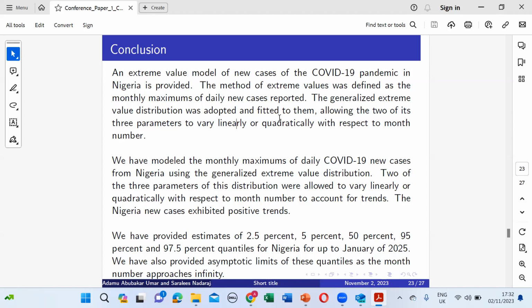Please, I have something to add to your point. Though we look at COVID-19 as over, in reality it's not over, because from the link we have there, we are still having cases of COVID-19 on a daily basis. Even as of yesterday, you can still have some records almost everywhere.